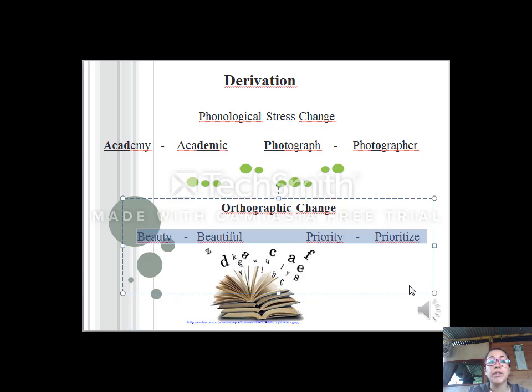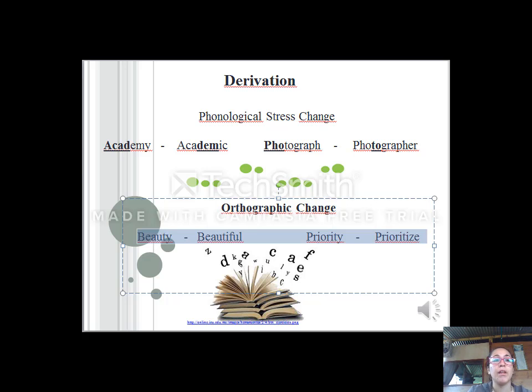The first change is phonological stress change. Example: academic, academic, photograph, photographer. These are some examples.